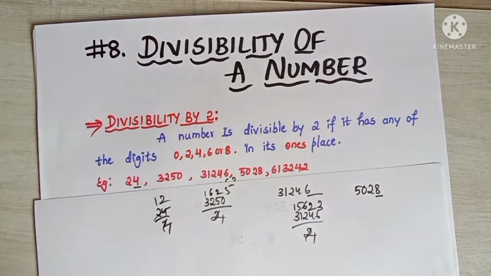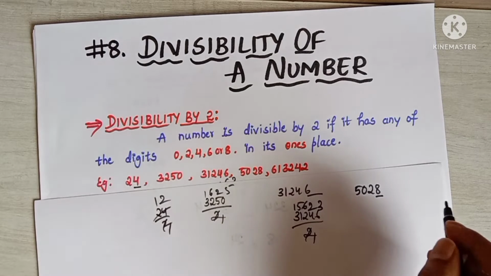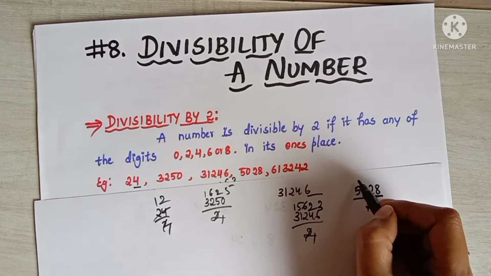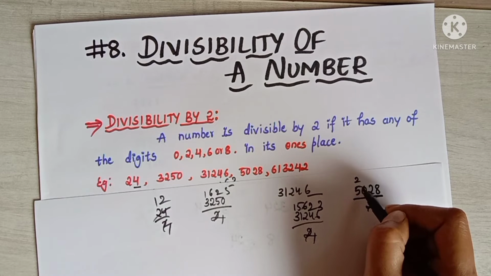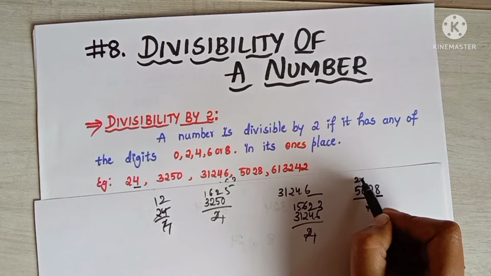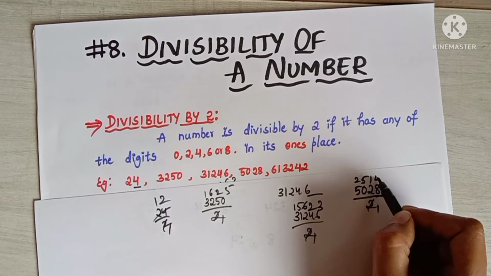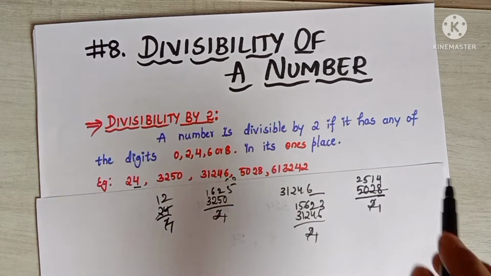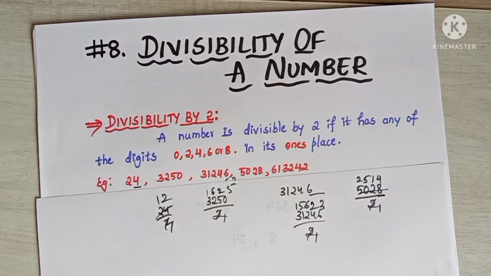In the ones place we have 8. It means it is also divisible by 2. Let us see. 2 ones are 2, 2 twos are 4, carry is 1. This will be 10, 2 fives are 10. So here also 5028 is divisible by 2.